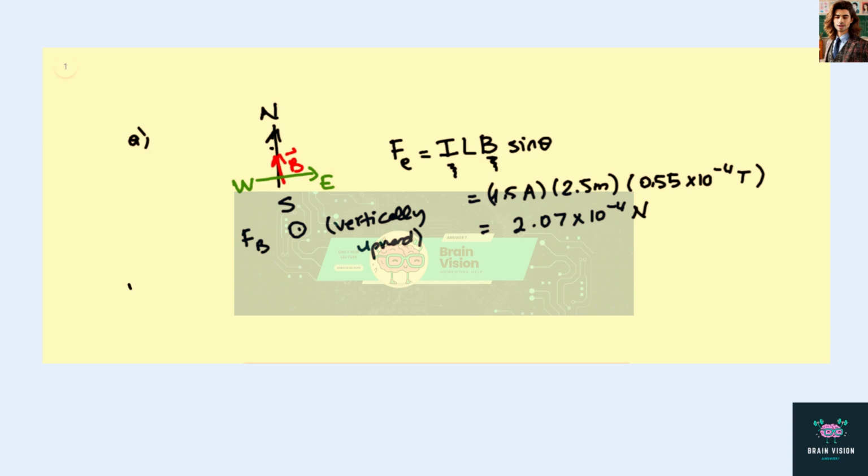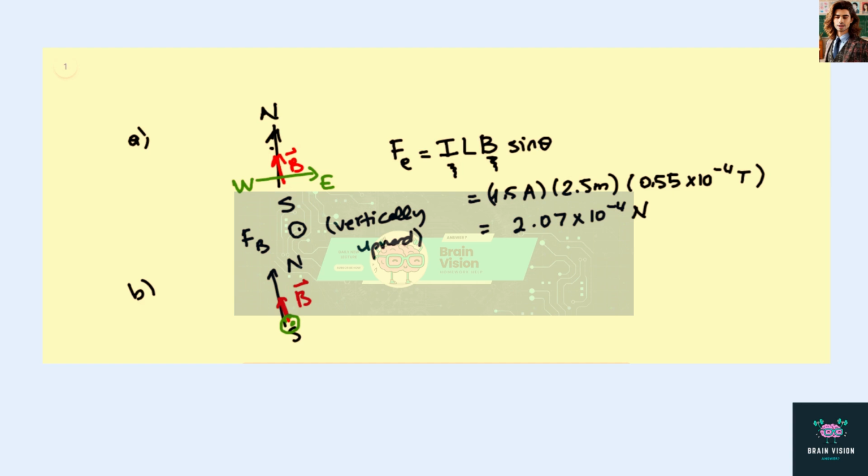And now in part B, our magnetic field is still from south to north. So again, this is the direction of the B field. However, now our current is out of the page.